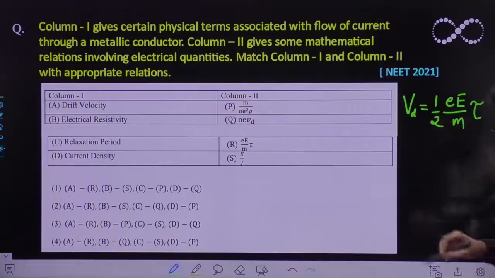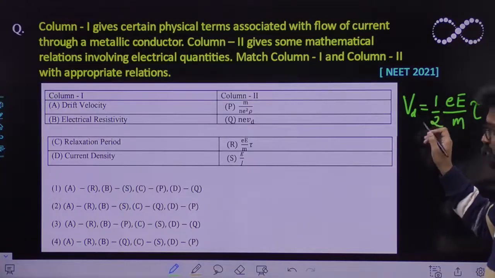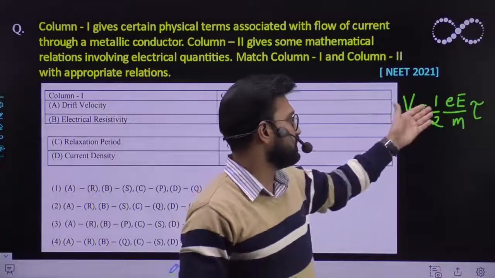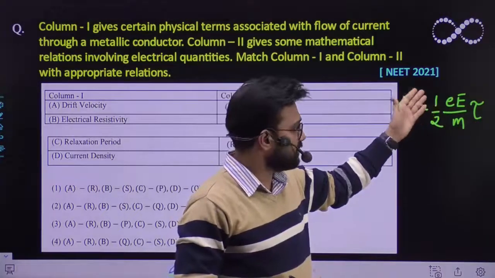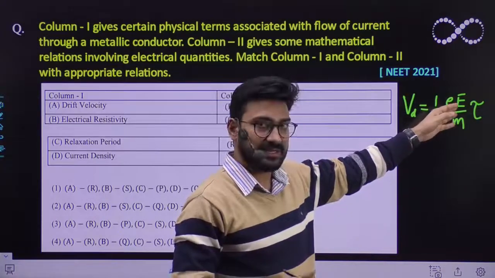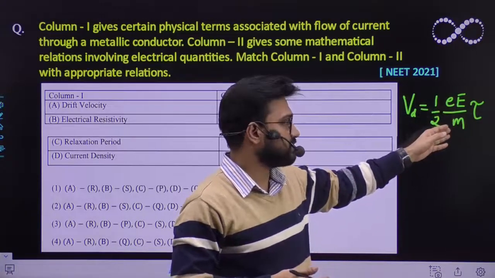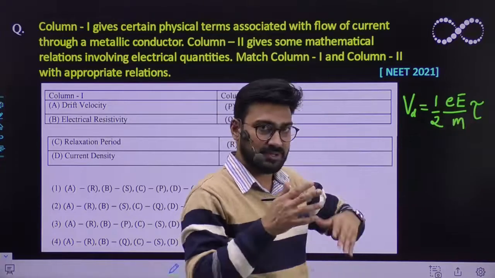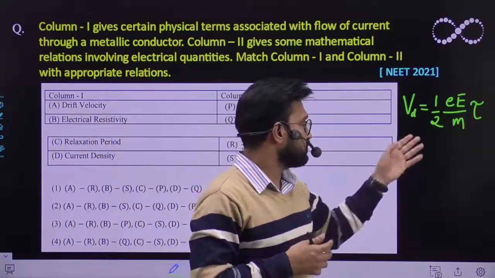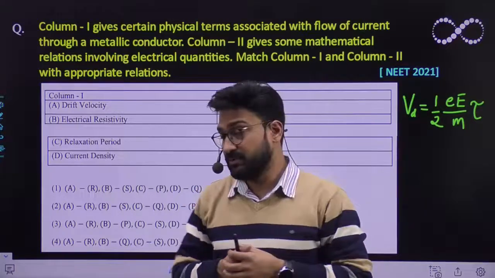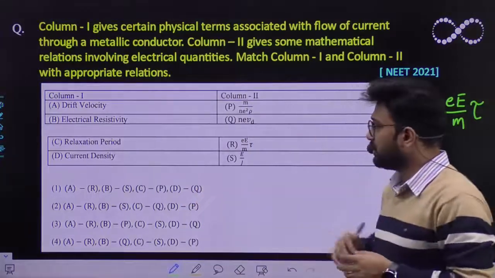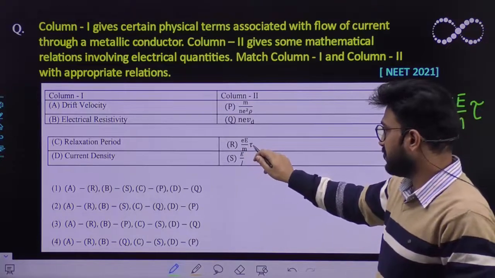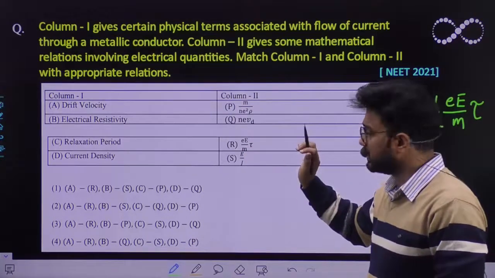So the drift velocity of an electron drifting within the conductor is given by this relationship, in which e is the electronic charge of an electron, capital E is the electric field, m is the mass of the electron, and tau is the relaxation time, so the time between two collisions. This is closely related to this option, which is e by m into tau, where tau is the relaxation time.